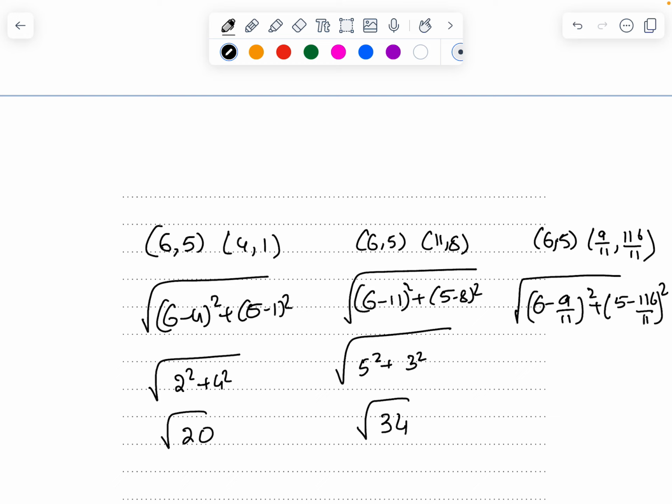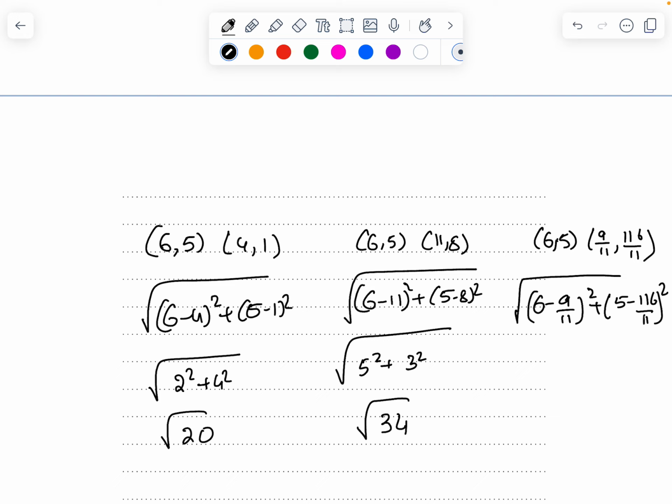So for this, what am I going to do? I'm going to take the calculator and write 6 minus 9 upon 11 whole square plus 5 minus 116 upon 11 whole square.